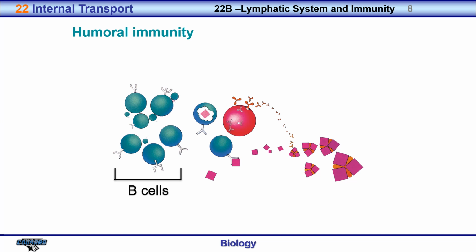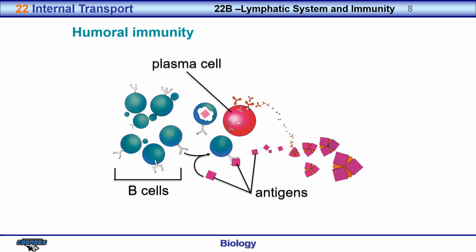So here we have the B cells in this diagram, the little blue balls with the Y's, or they have all kinds of different shapes on them because there's different kinds of B cells. And in this diagram, they have the little squares as being antigens, proteins that are the enemy. And they will stimulate the B cells to form a plasma cell. And the plasma cell, we said, is responsible for producing antibodies. So in this diagram, the structures over on the right are the antibodies.